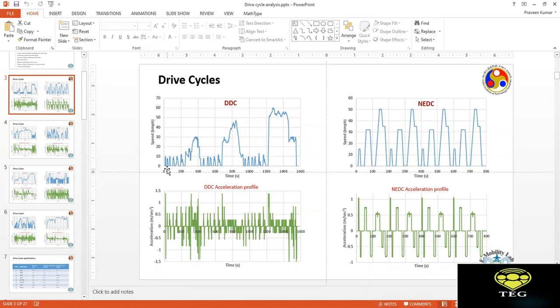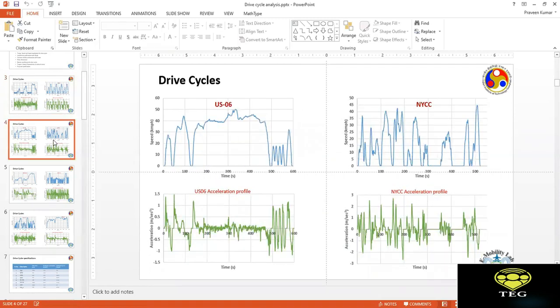Now here you can also see a big contrast of speed. You spend a lot of time at 10 kilometers per hour in the Delhi drive cycle, but you also go up to 60 kilometers per hour, whereas in the New York City cycle, that doesn't happen. Clear?